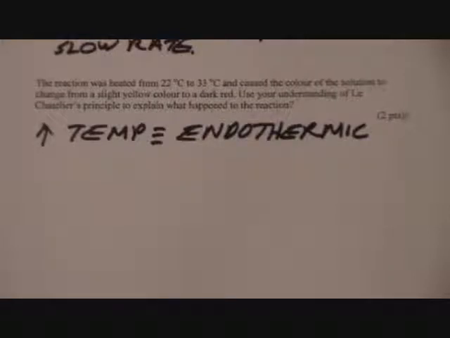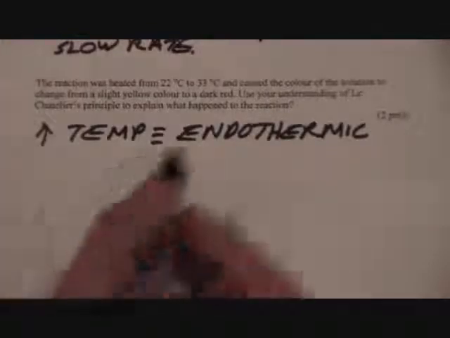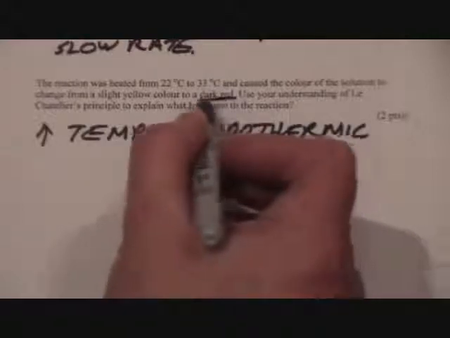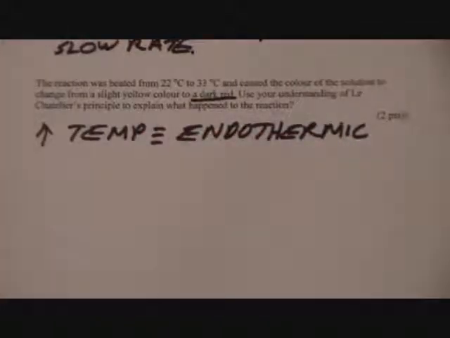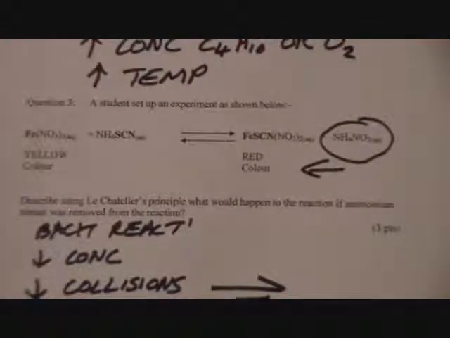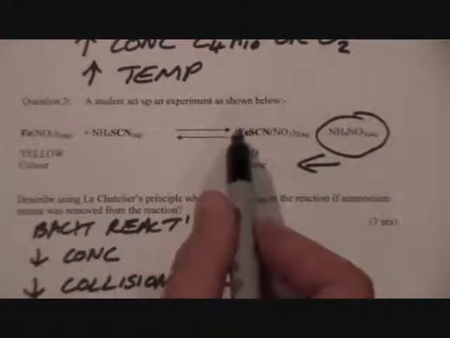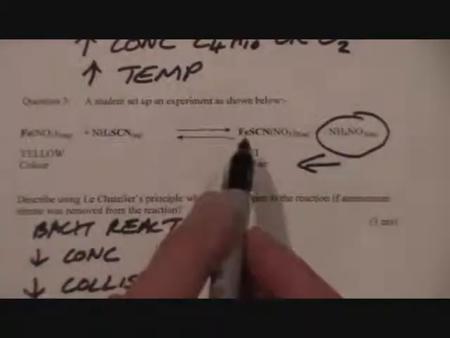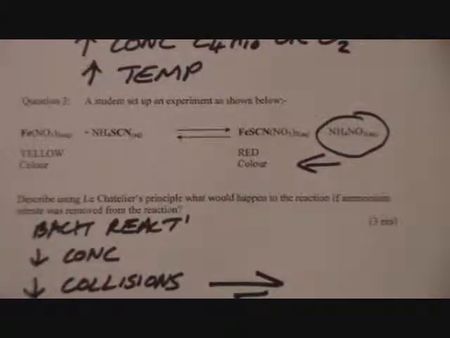So the question becomes, which of the two reactions is the endothermic reaction? Well, we're also told that the colour changes from yellow to red. Red is produced by that main product from the forward reaction, the iron thiocyanate. So if the colour is becoming a stronger red and producing more of this chemical, we must be favouring the forward reaction.